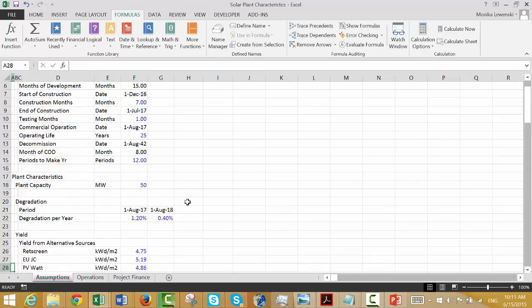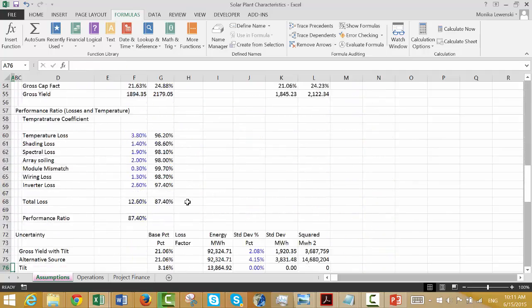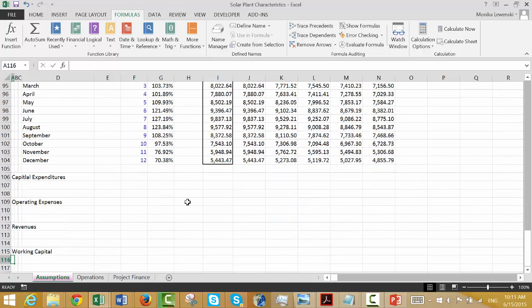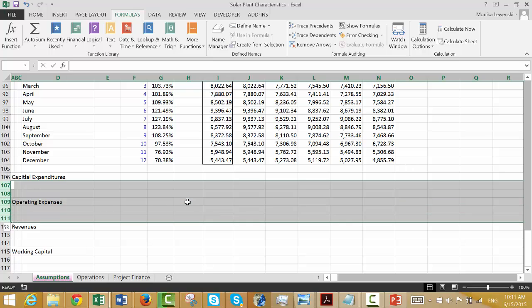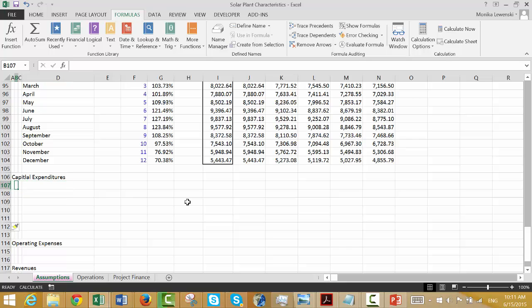A few years ago it would have been so high. Well, I'm going to put these in dollars per watt, I know in the industry people use dollars per watt. So let's put it in.